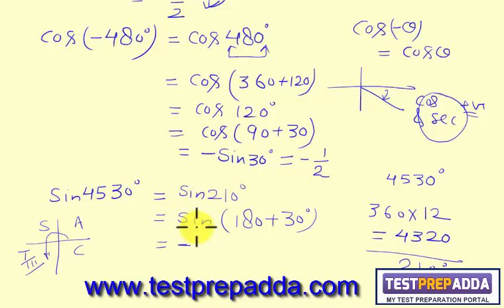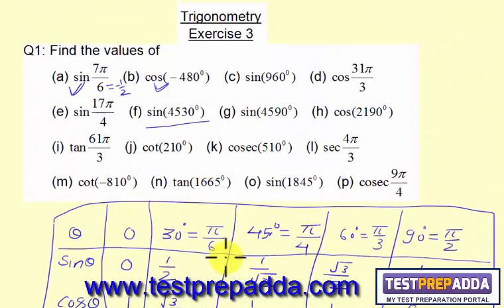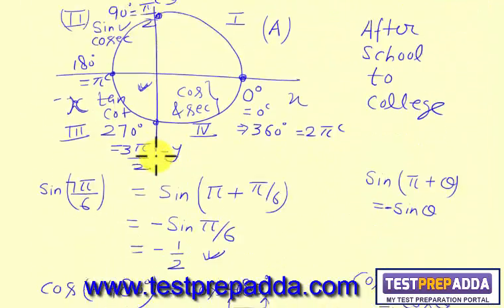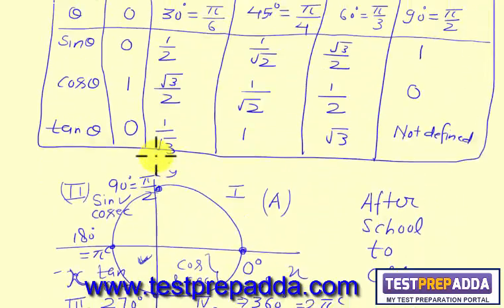Sine is negative, and sine of 180 plus theta remains sine theta. So it becomes minus sine 30 degrees. Again, the value is coming minus half. Fortunately, for whatever questions we have selected here, the value is coming as minus half. So this value we got minus half, this value we got minus half. I hope you have understood the way we need to find these angles.